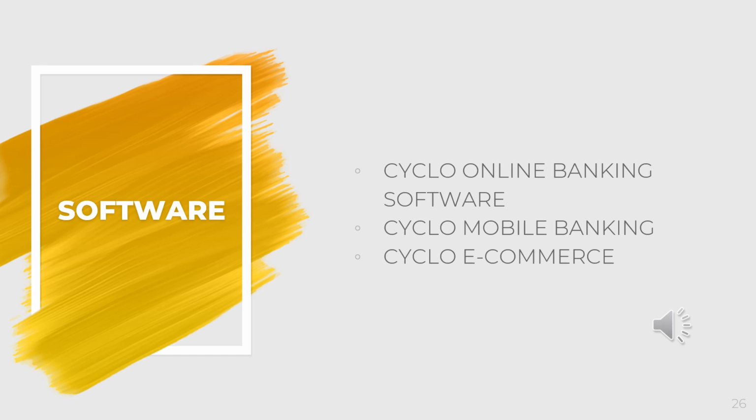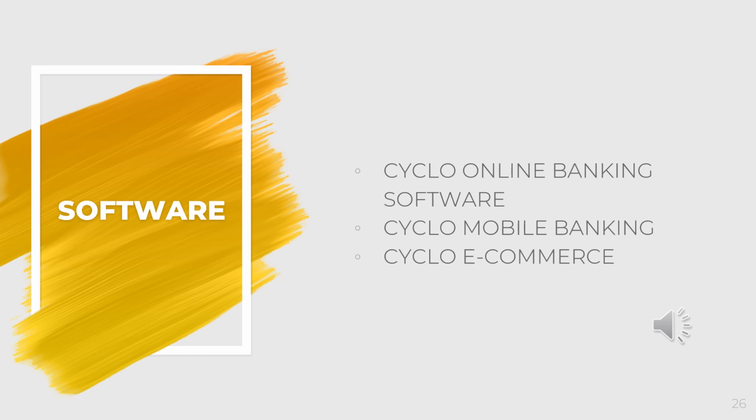The software consists of the online banking software, which is used for the web service on online banking. Next, the second software is Cyclo Mobile Banking, which is the online banking for the mobile application, for iOS and Android.